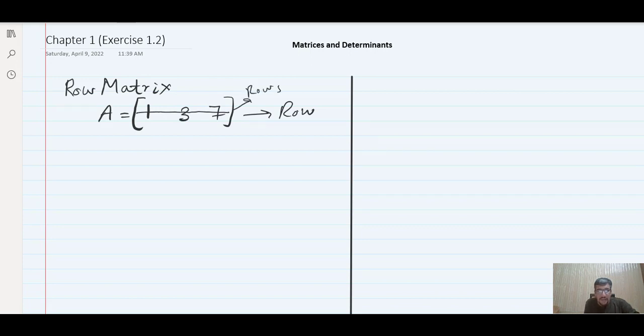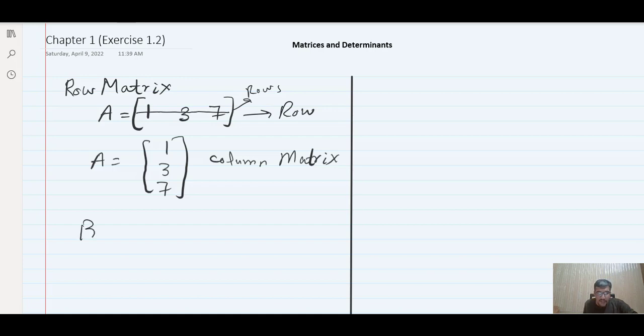If we have a matrix in which the entries are in a vertical way, in one column, that matrix is known as a column matrix.